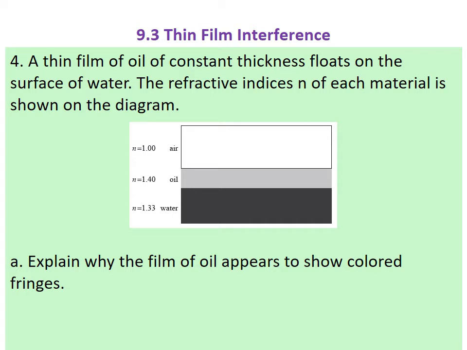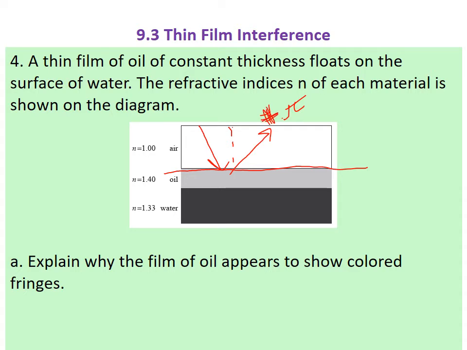Just like I explained in the previous slide, the reason there is a colored fringe is because some of the light is reflecting right at the air-oil boundary. When the light reflects off of a higher index of refraction from a lower index of refraction, it undergoes a phase shift by pi. So this wave is now inverted, plus pi.